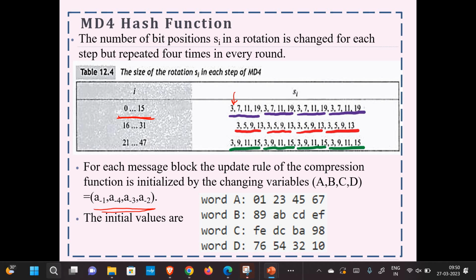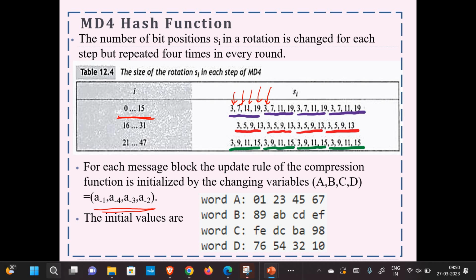If you are at state 1, left shift by 7 bits. If you are at state 2, left shift by 11 bits. If you are at state 3, left shift by 19 bits. If you are at state 4, 3 bits. Understood the process? It's like repeating the process.